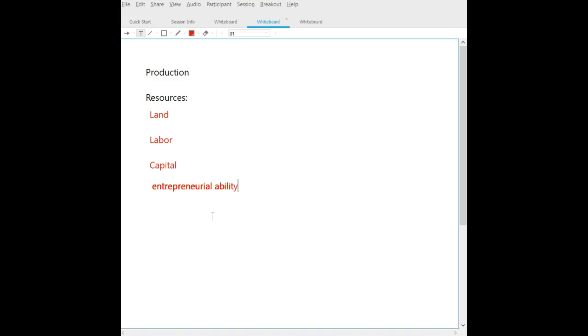These are our productive resources, and they involve land, which is just natural resources. Labor is the mental and physical talents of people. So when you think about labor, what does it take to produce these goods and services that you're providing? Then we have capital, which includes manufactured products such as tractors, welding equipment, and computers that are used to produce other goods and services.